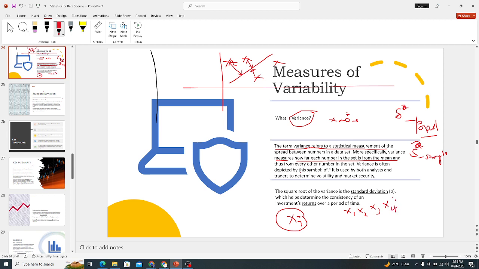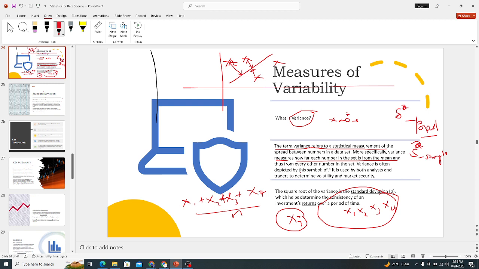These are our values. Then we can compute the mean: x1 plus x2 plus x3 plus x4, divided by n, where we know n is 4.